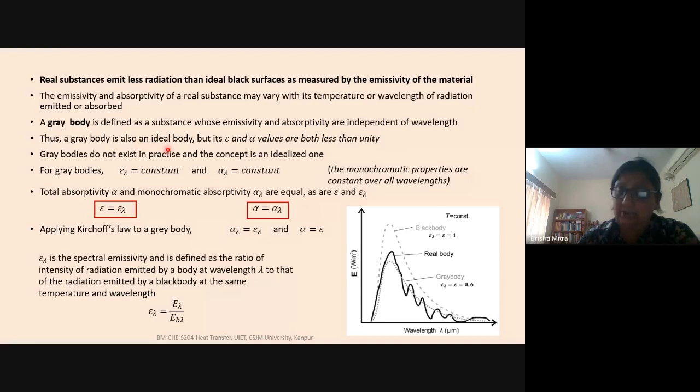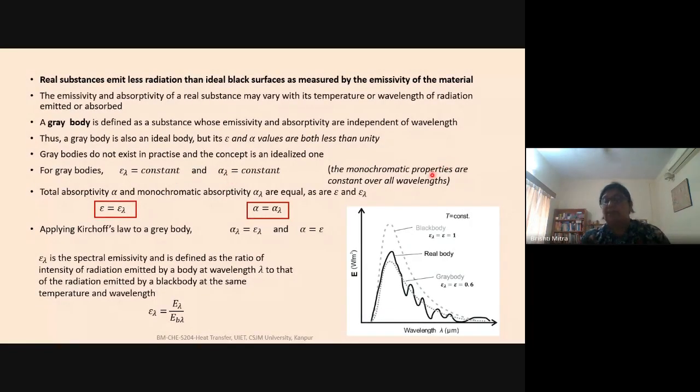It's also an ideal body, but its epsilon and alpha, that means emissivity and absorptivity values, are both less than unity. In case of a black body, both these values would have been equal to 1. But for a gray body, the value is less than 1. For gray bodies, epsilon lambda, that means for any particular wavelength, is constant, and absorptivity for a wavelength is also constant.